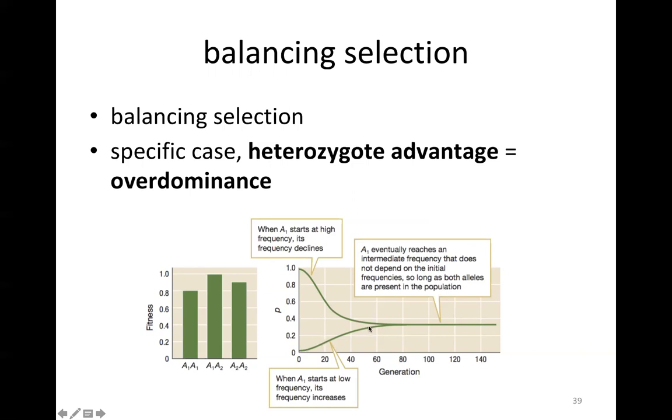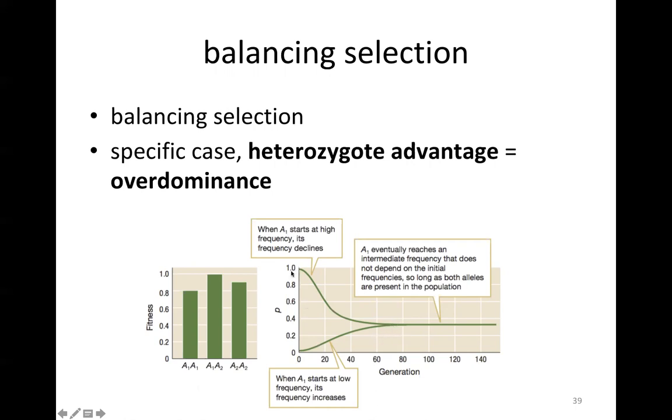So it will increase, but then eventually it will reach an equilibrium state, and it won't go any further because A1 individuals, who might be produced from the mating of two heterozygotes, have lower fitness, right? So there will be an upper limit to how many heterozygotes we have in the population. The population will reach a situation where there will be heterozygotes and homozygotes of both types, and the fitness differences will create this kind of equilibrium state.